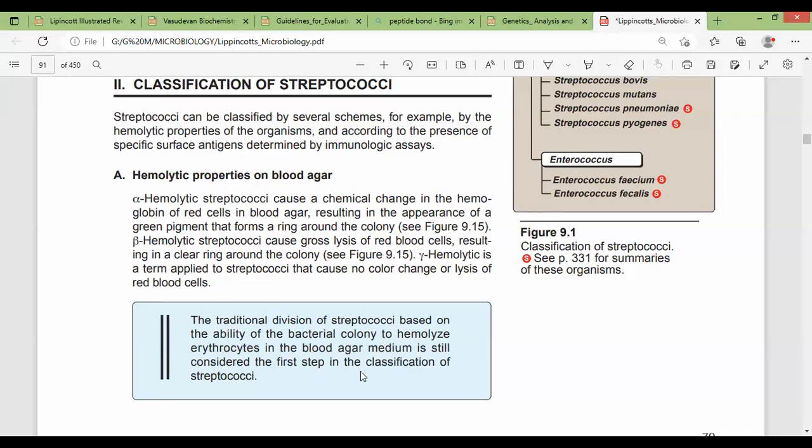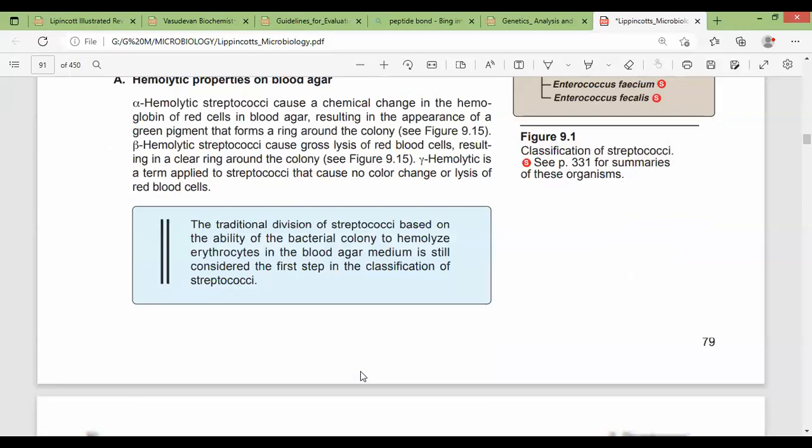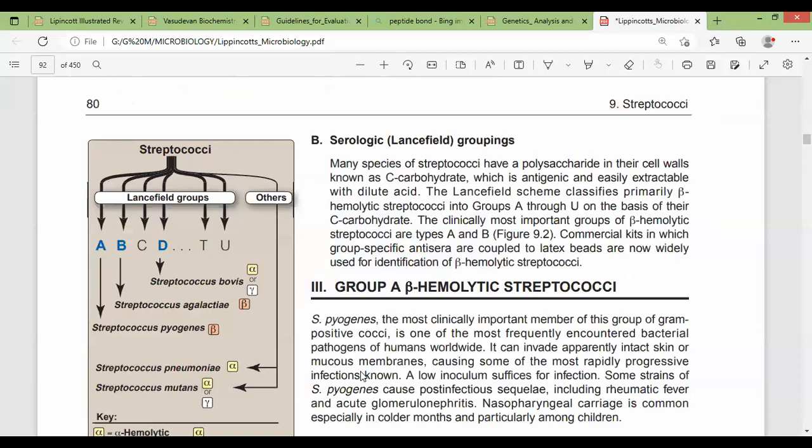So beta hemolytic, complete; alpha, partial; gamma, no hemolytic property. And this is how we'll be looking at streptococci when we are looking at the three. Remember, we'll be focusing on group A, group B, and strep pneumonia.